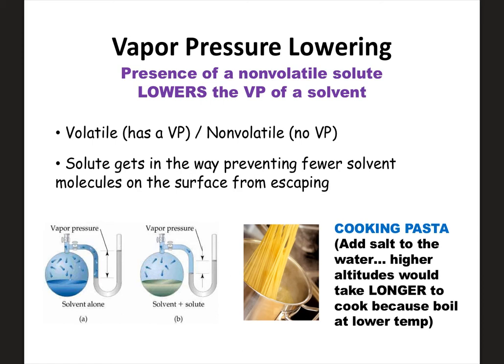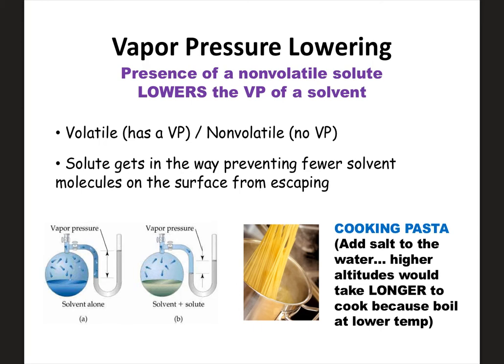So remember, boiling takes place when the atmospheric pressure is equal to the vapor pressure. So if the atmospheric pressure is lower, it's going to take less energy to make the vapor pressure and the atmospheric pressure equal. So essentially, your water is boiling at a lower temperature. So the pasta is not going to be cooking at the temperature you think.